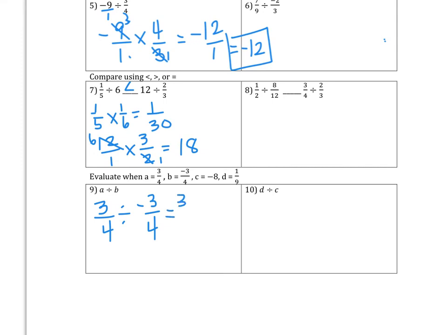That's the same as 3/4 times 4/3. Cross reduce this, and this, and this, and this. Now I multiply 1 times 1 is 1 over -1, which is going to give me an answer of -1.